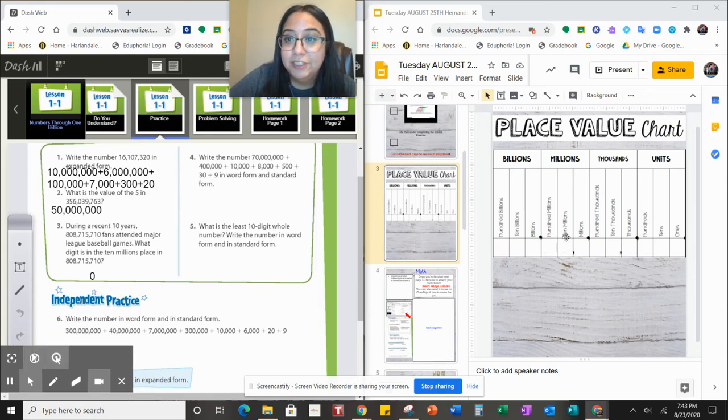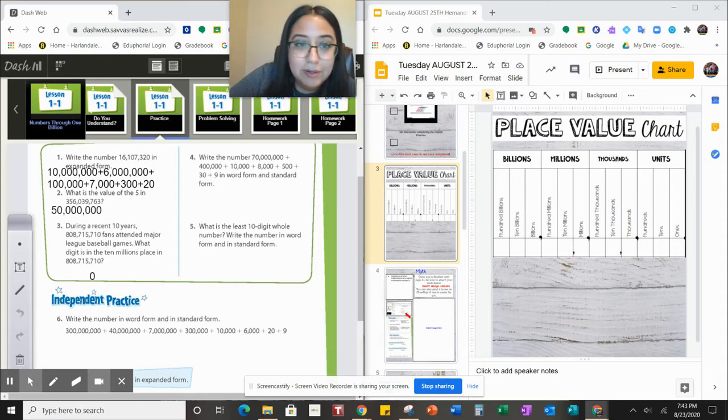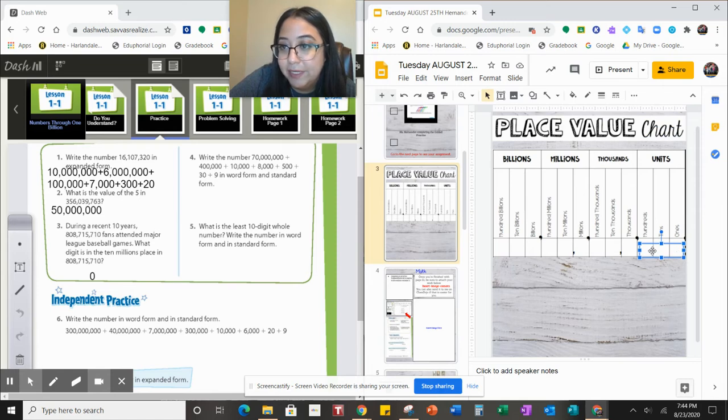So I have my place value chart over here, and I went ahead and emptied it. So now I could just put these numbers in. So for this one, I'm going to start backwards. So here we just have the 9. So I'm just going to put the 9 in there in the ones place.